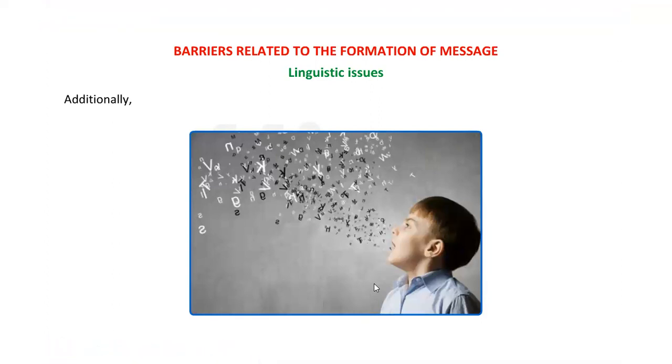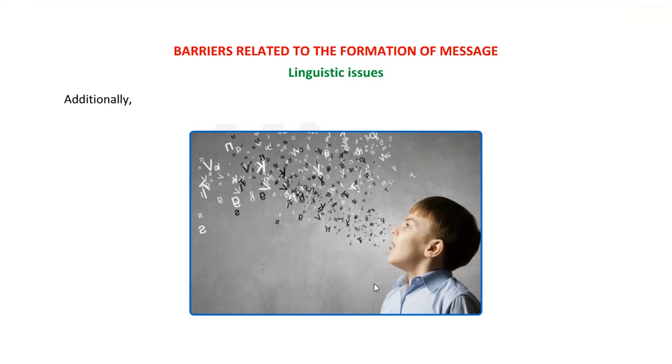These barriers occur due to problems in the composition or formation of the message itself. So in the message itself there can be some barriers, which are internal barriers. Multiple factors cause these barriers, like lengthy messages, language problems, intonation issues, or the non-verbal communication used. Multiple problems are there, like the message becoming very lengthy.